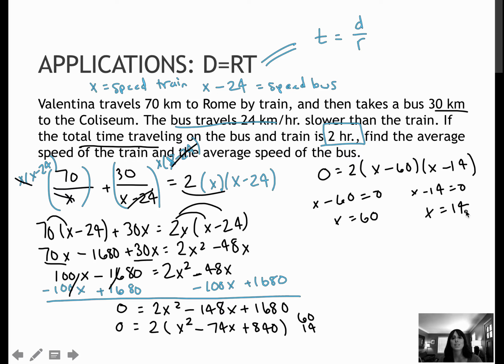So even though 14 is a positive value, it doesn't make sense in this question because the speed of the bus would not be negative. So I know then that x is the speed of the train, and so the speed of the train is 60 kilometers per hour, and the speed of the bus is 24 less than that, which of course would be 36 kilometers per hour.